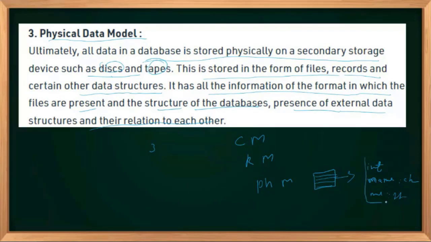This is the abstract, actual physical view of storing the data, stored in a data type manner. The users do not need to know this information. The user comes in only at the conceptual level. The representation model is the intermediate model between the conceptual model and the physical model.